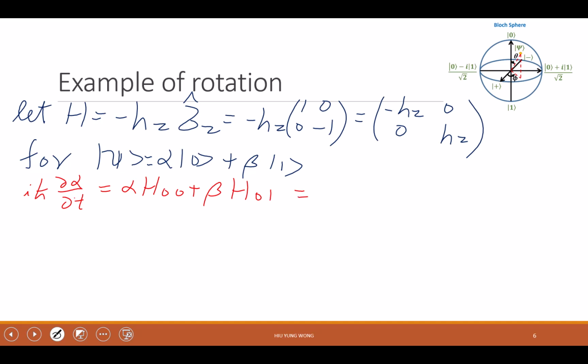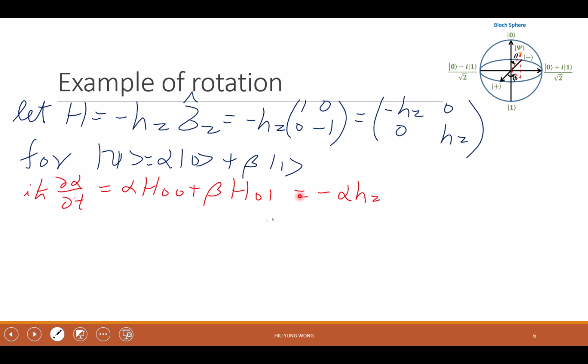And now we know what h00 is. What is h00? In bracket notation it is 0 h 0, but what is the exact value? Negative hc, so it is negative alpha hc. How about h01? Row 0, column 1, so this term is gone.